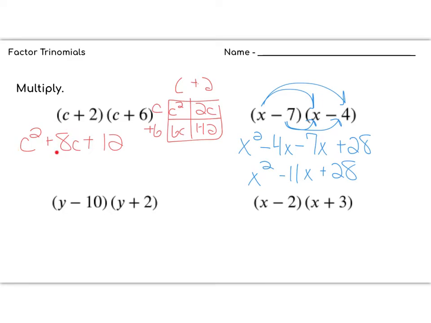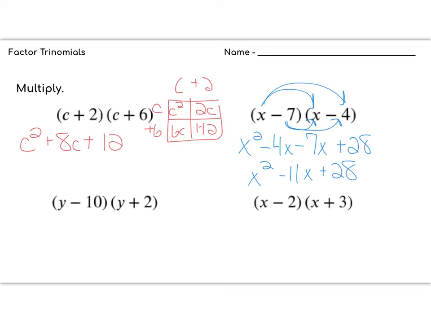And this 8 is 2 plus 6, so it is a sum. And this 12 is 2 times 6. It is a product. Here we have the 1x squared. This negative 11 is negative 7 plus negative 4. It is a sum. And this positive 28 is negative 7 times negative 4. It is a product.